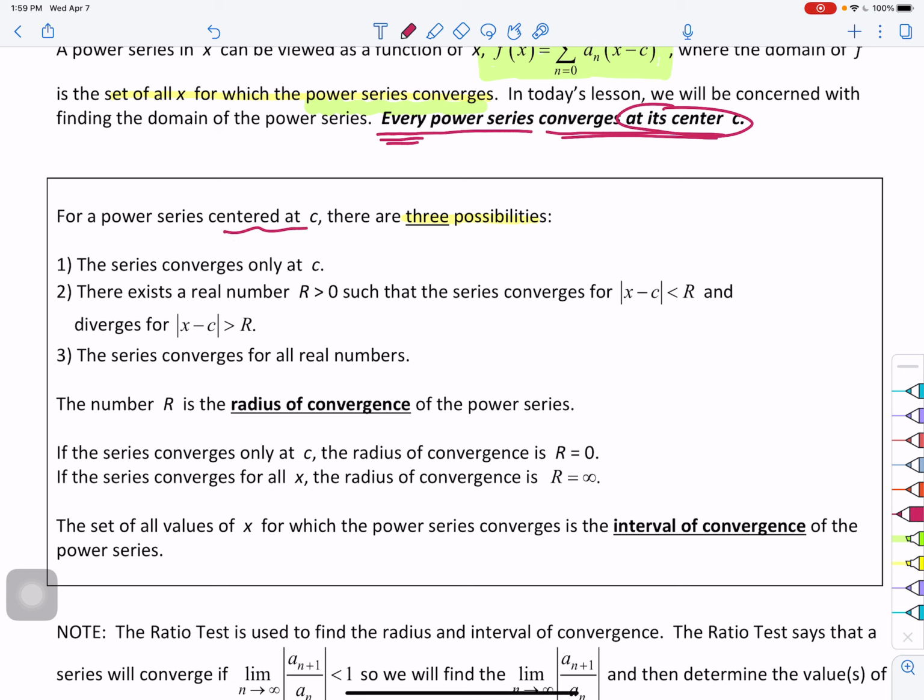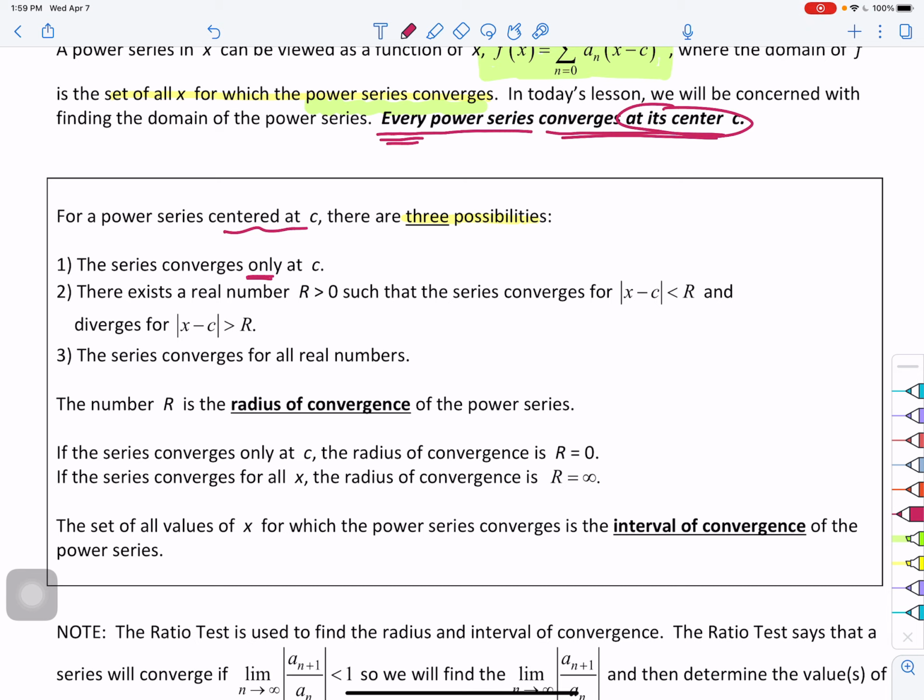The series could possibly only converge at c. A second possibility would be that there exists a real number, r, greater than 0, such that the series converges for |x minus c| less than r, and diverges for |x minus c| greater than r. Of course, those are absolute values.